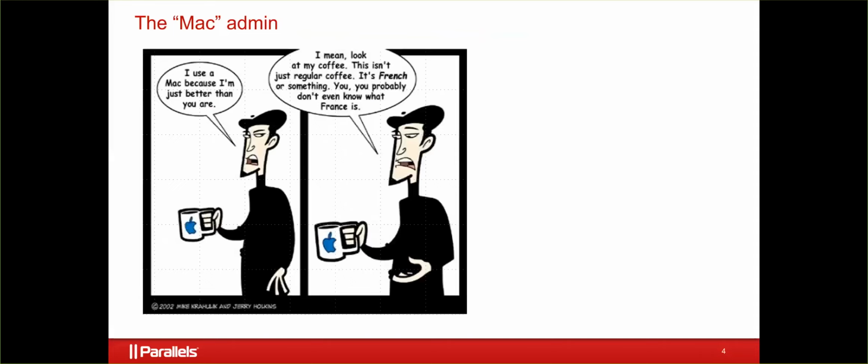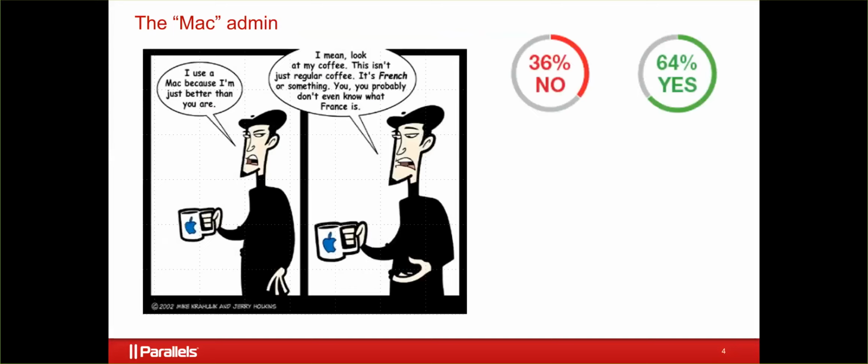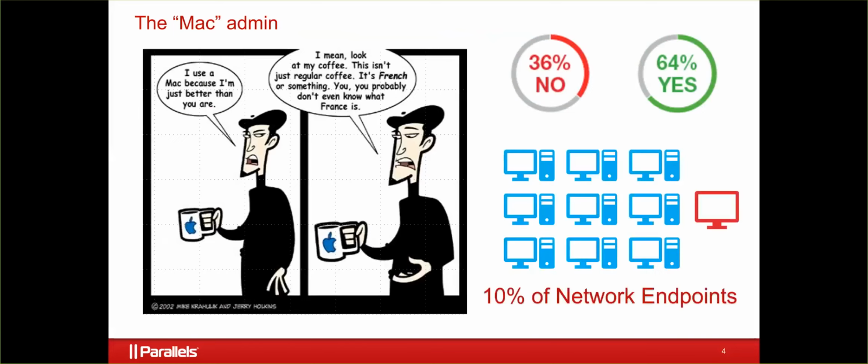This is all good fun, but what it really means is that even Windows administrators will tell you that 64% of you come back to us and say, you know what, there are Macs on our network. We're not specifically just a 100% Windows shop. These devices need to be managed. And when you look at it from an enterprise aspect, over 10% of all endpoints out there in the Microsoft Enterprise ecosystem are Mac endpoints.